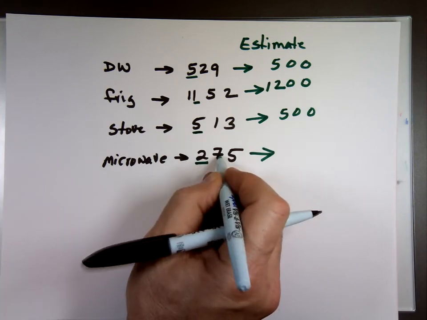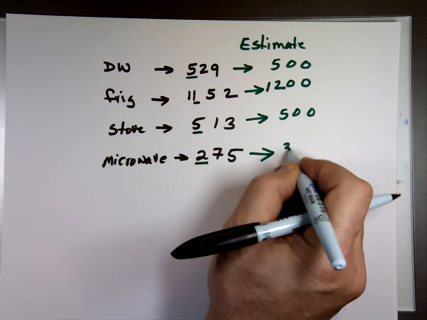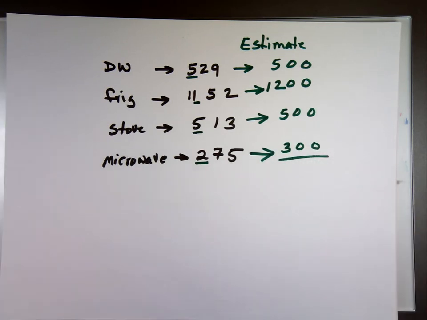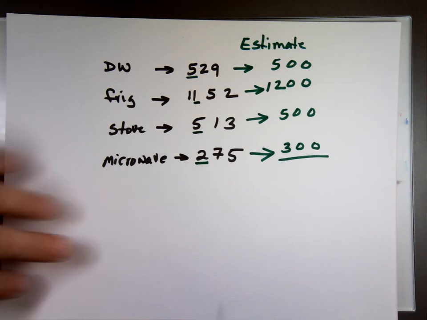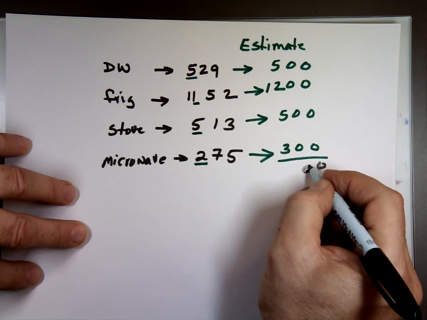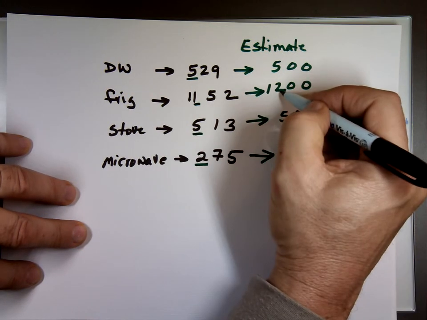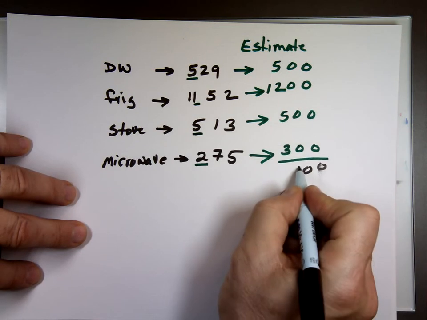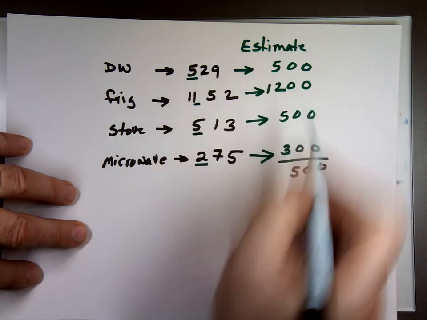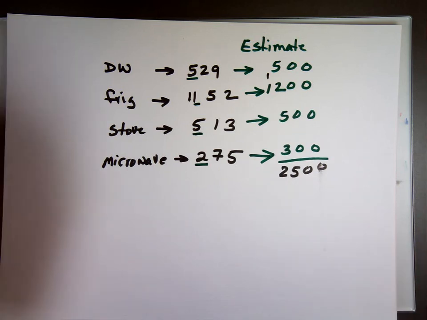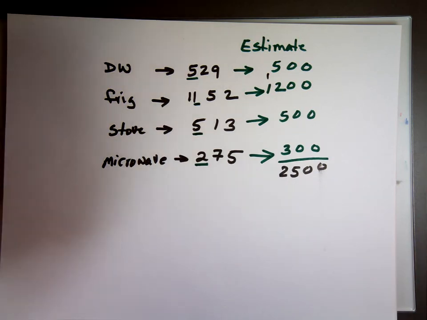Add 1 to this. 300. And now add these numbers. That's called estimation. 0, 0, 5 and 2, 7 and 5, and 3, 5 carry 1, 1 and 1, 2. So we're looking roughly $2,500 to buy these appliances.